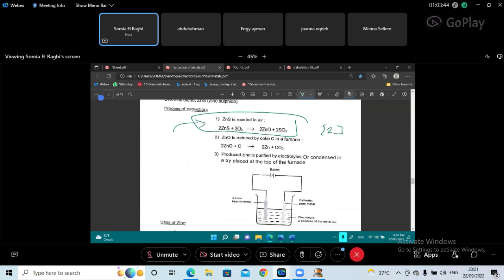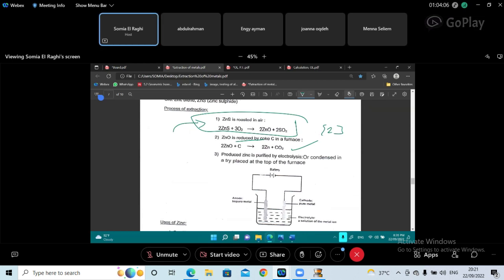Then, next question, how to get the zinc from zinc oxide? By what? Reduction. It is over here. That's the equation of reduction. It is so interesting if you will work as an engineer in this production. Really, it is interesting. Once you understand the concept, it is really interesting.